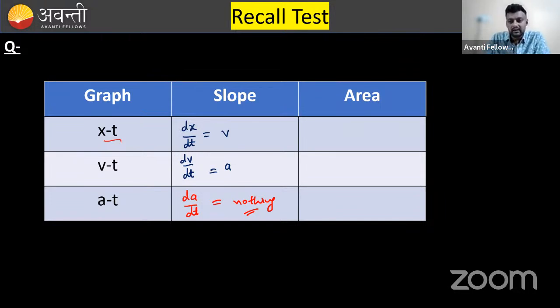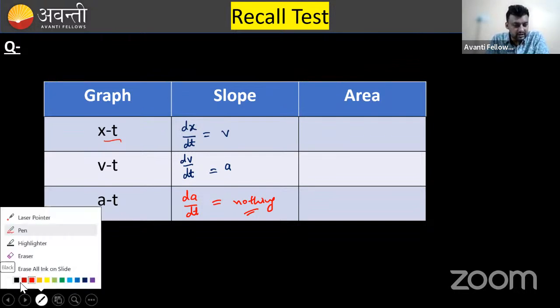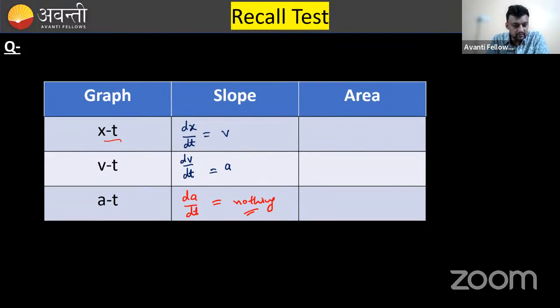Now I'm talking about area. Let's say this is an xt graph. Try to be attentive in the class. Then area will be what? If you draw a very small rectangular strip, this is dt, and let's suppose this is x.